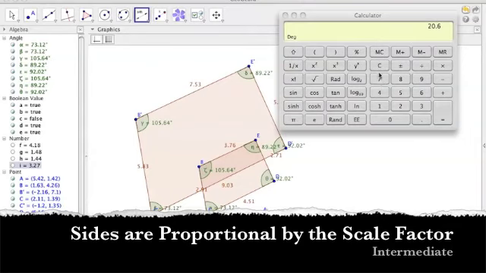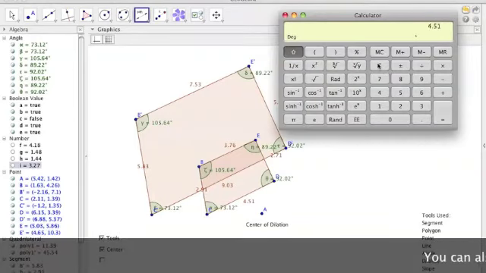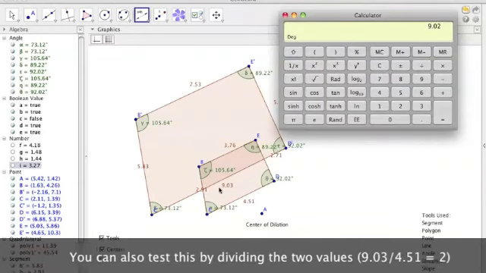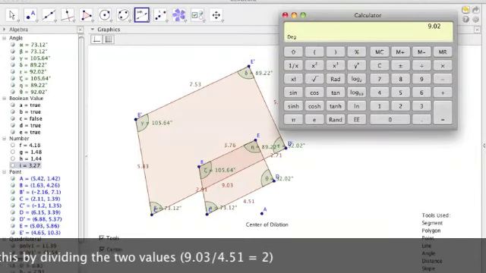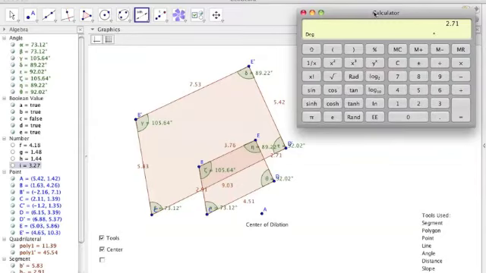So I'll take a couple and I'll run them through the calculator and see whether or not that relationship held true. And I get 902, which is close enough. There must be some rounding. I could also try 2.71 times 2, and I get 5.42, and the rest should hold as well.